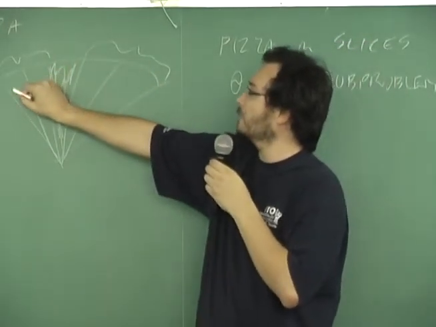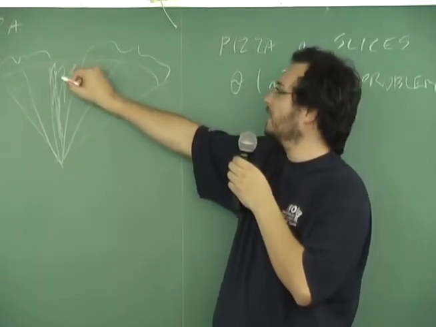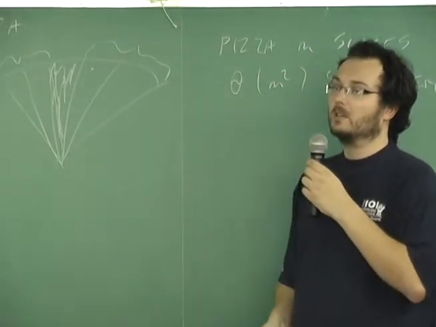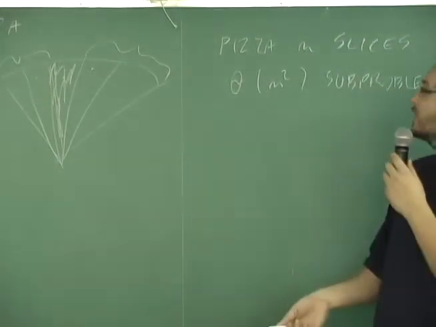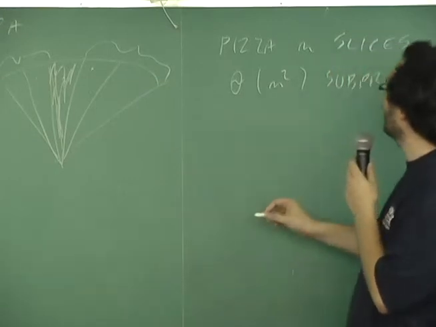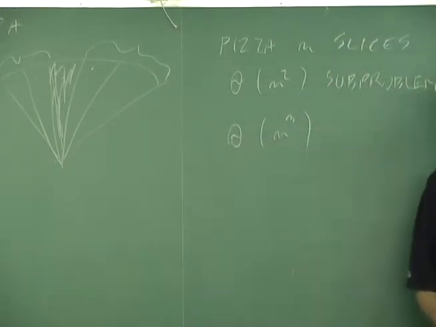So how many ways are there if this is the first piece I eat? How many ways are there if this is the one, and so on? And if we pre-compute the binomial coefficients, then this can be done in linear time. So the overall time complexity is n cubed.